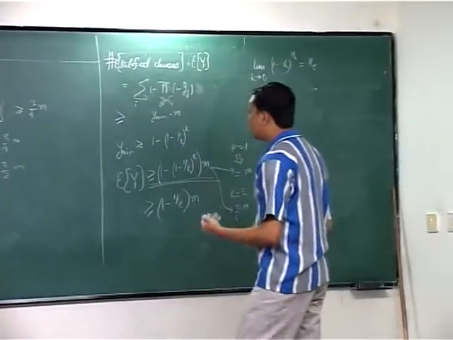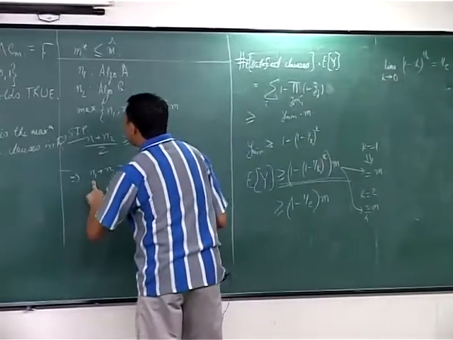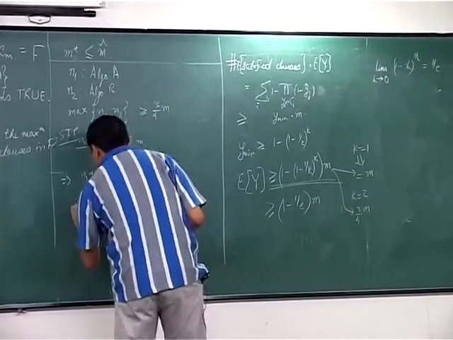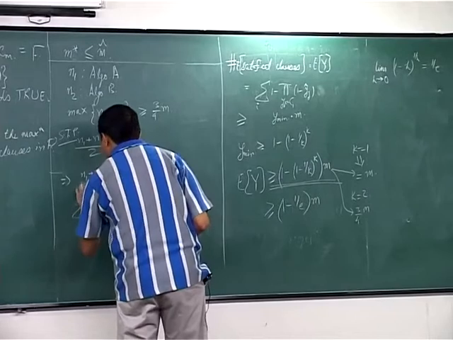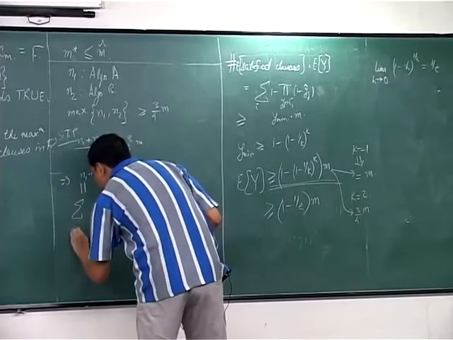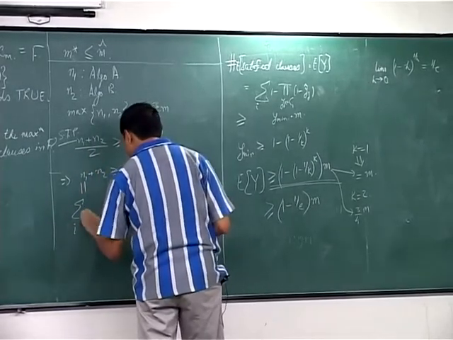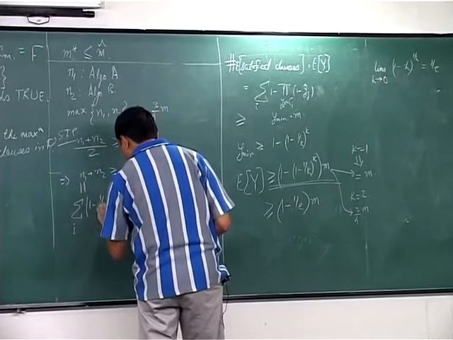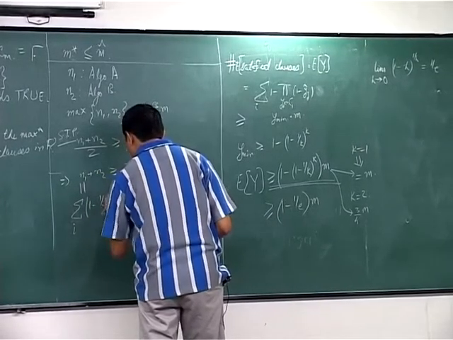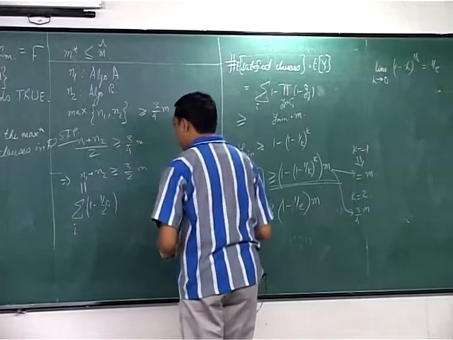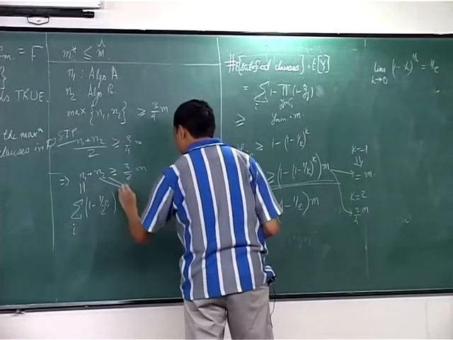Right, so what is either of these? This was summation over the clauses 1 minus 1 by 2 power ki, right?